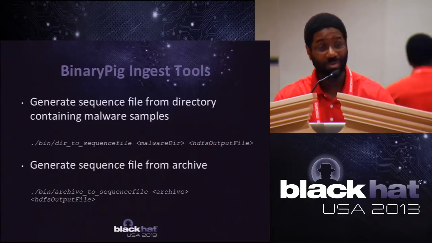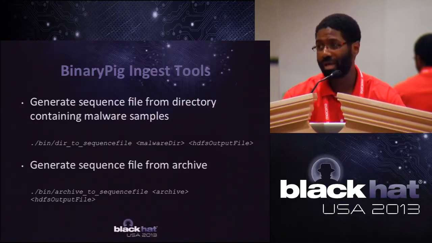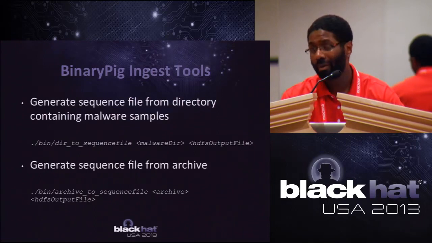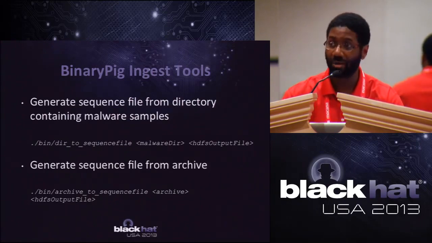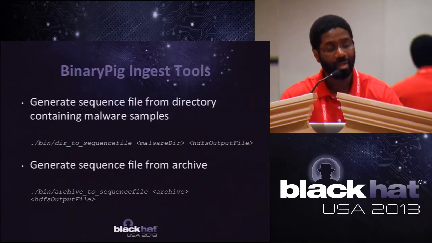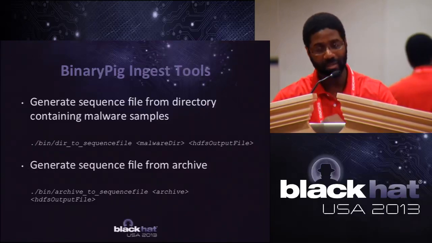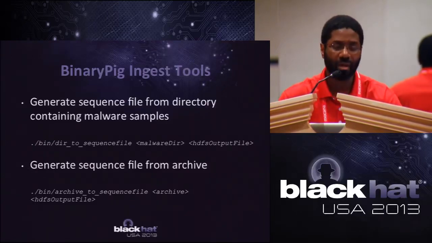All right, so the first thing you want to do, like we said before, is to create the sequence file. We have a couple of scripts. We assume you already have a malware zoo somewhere that's either on disk or in an archive. So we have two convenient scripts that will take your archive or your subdirectory, generate that sequence file and copy it up to HDFS.